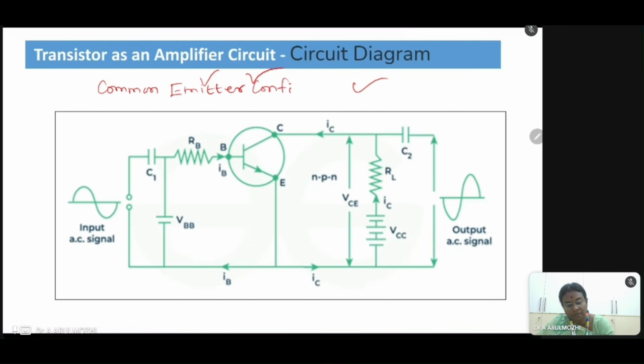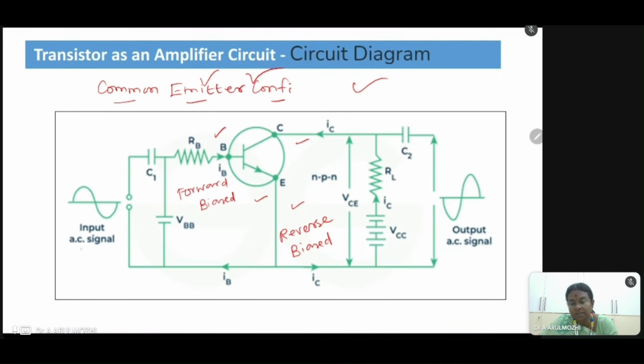Here, the emitter and the base are forward biased, and the collector and emitter are reverse biased. So the circuit diagram given is nothing but the common emitter configuration with the input signal.